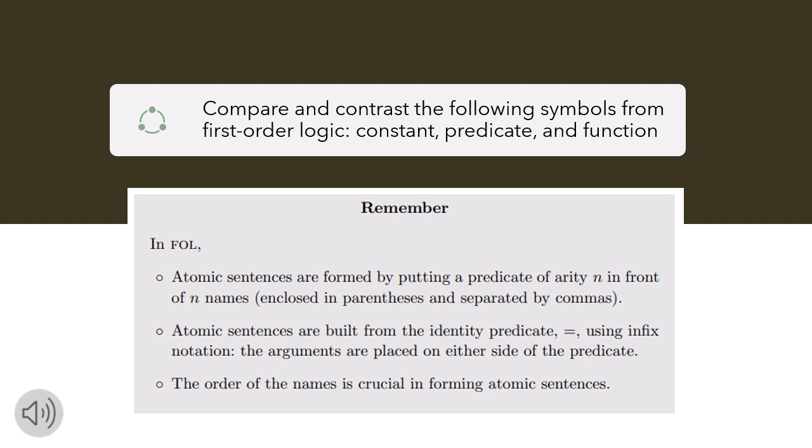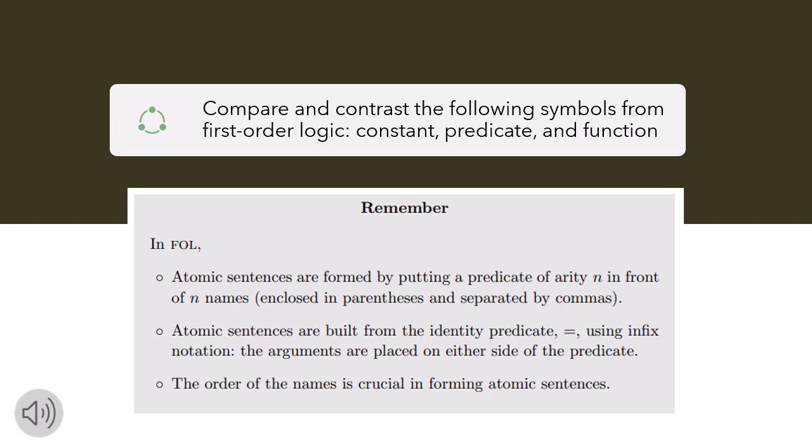Because again, notice that the way in which you build up atomic sentences is in essence the same way that you would build up complex terms from function symbols. Atomic sentences are also built up from the identity predicate. And I should point out that it is the one symbol that is taken to have the same interpretation in every first order language.